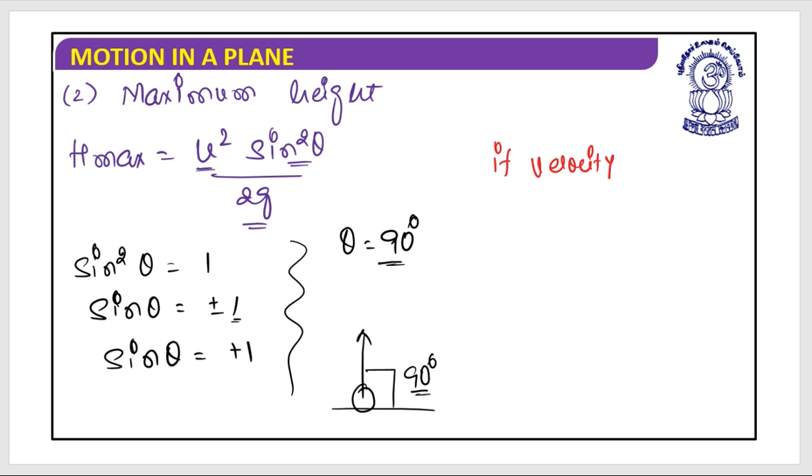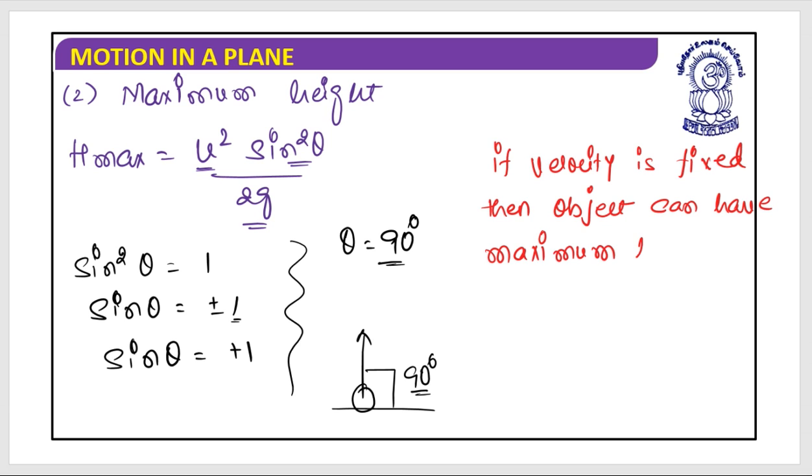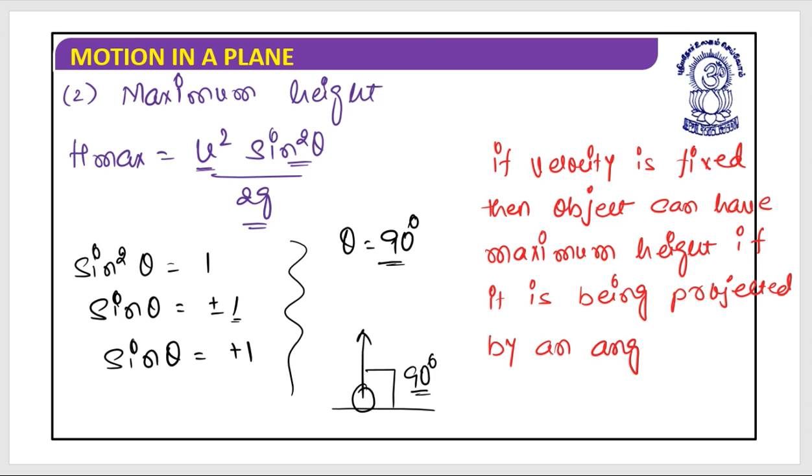Yes, so if velocity is fixed, then the object can have maximum height if it is being projected by an angle of 90 degree with horizontal or 0 degree with vertical.